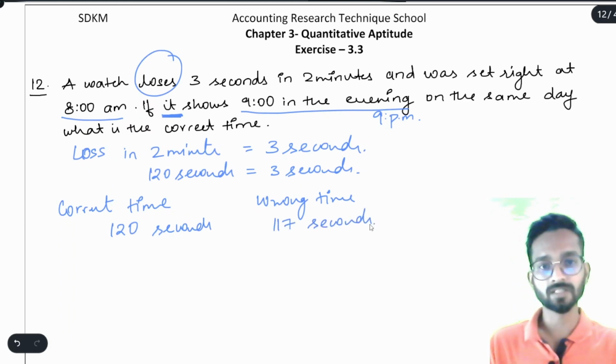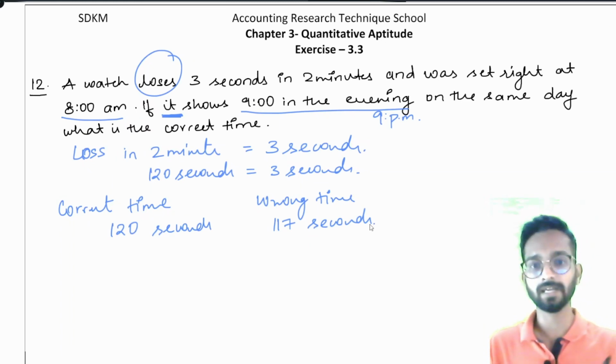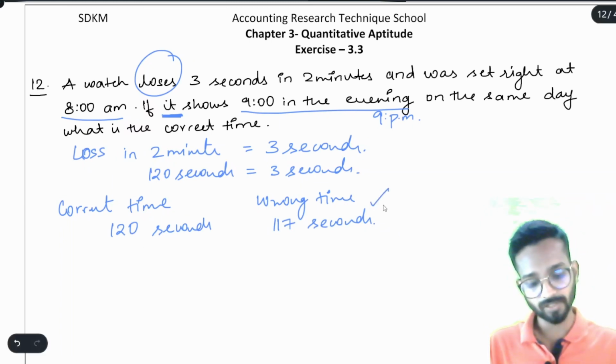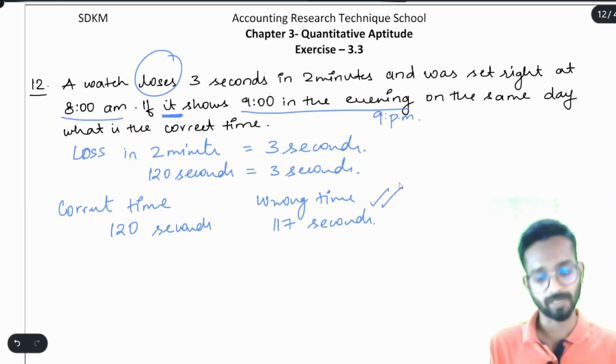Our clock, which is the wrong clock, is behind by 3 seconds. Behind which time? The correct time. The correct time is saying that 120 seconds have passed. Our watch is showing that only 117 seconds have passed.